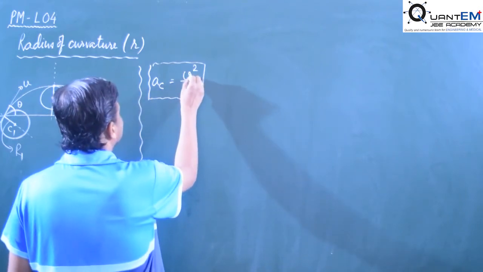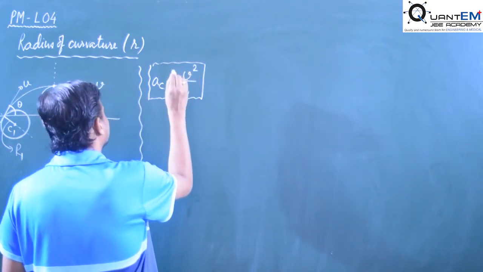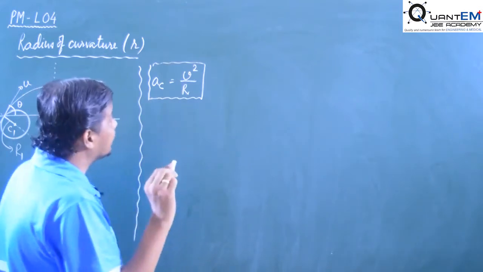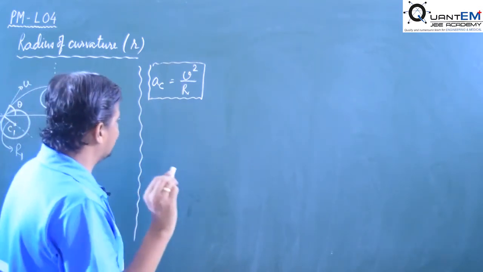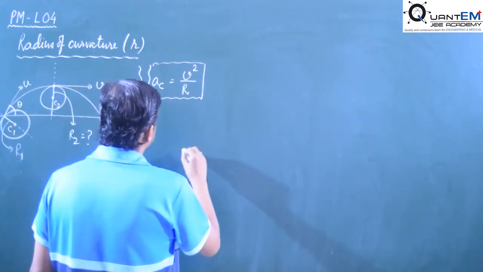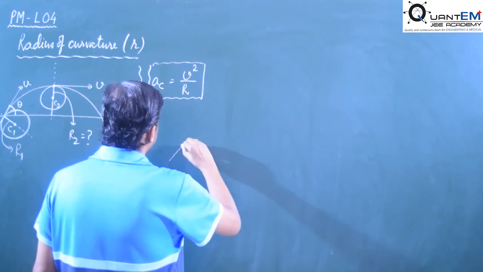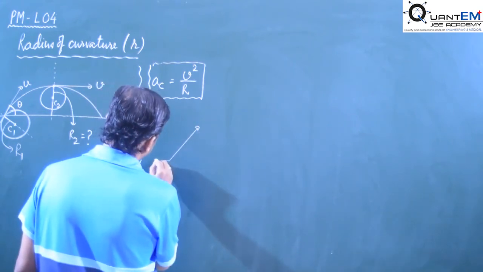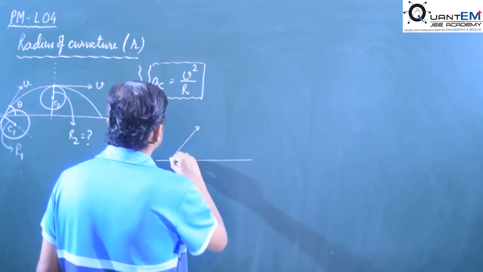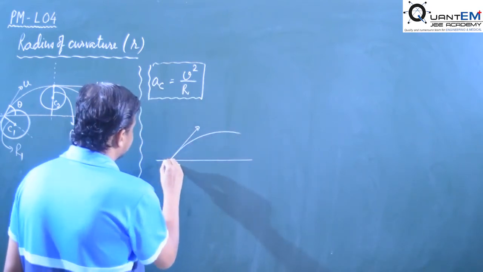V square by r. V is the velocity at the point where we have to get the radius of curvature. Now see, the moment the particle has been projected, at this point you have to get the radius of curvature.